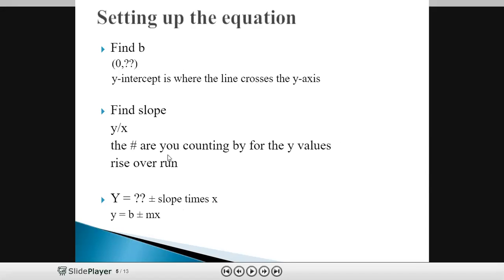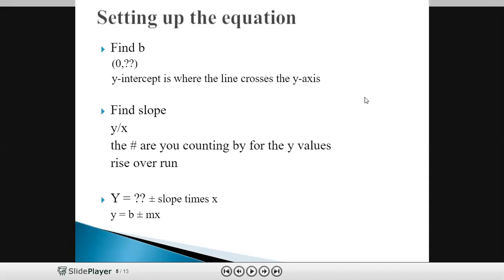So once you want to write the equation, we have to check the y-intercept, it will be 0 and something. If it's a direct variation, it will be 0 and 0. So first of all, I have to check the y-intercept. Second, I have to calculate the slope, and you know that we have different ways to calculate the slope.